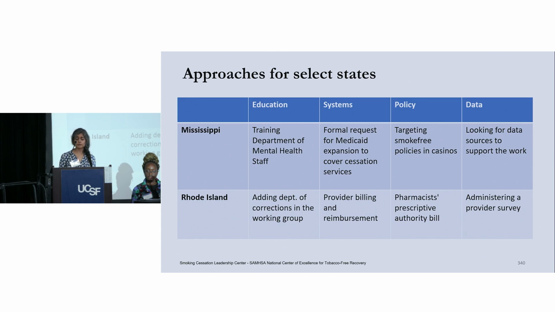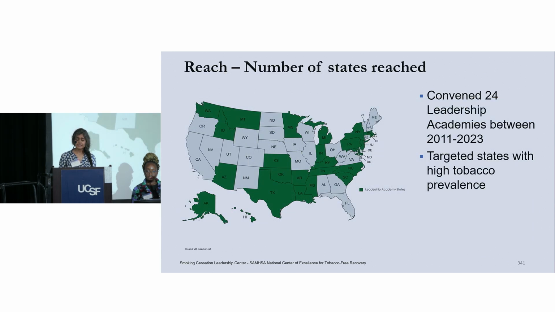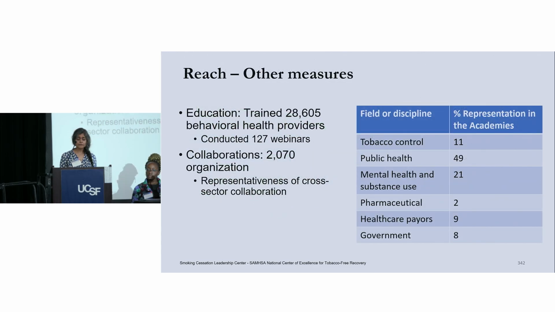States chose different approaches. So let's get into our metrics. For REACH, we were able to convene leadership academies in 24 states between 2011 and 2023. We specifically targeted states with high tobacco prevalence. For other measures of REACH, we were able to train around 28,000 behavioral health providers during this time frame, conducted 127 webinars, and facilitated collaborations with 2,000 organizations.